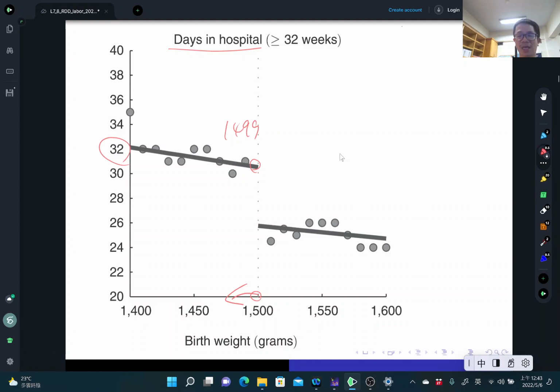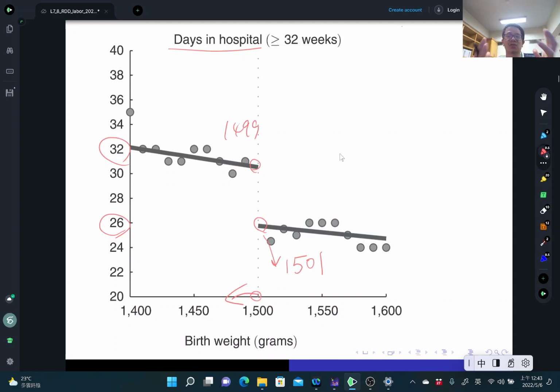And if your baby's birth weight is just above 1,500 grams, for example 1,501 grams, these additional grams actually mean they receive just 26 days. They can only stay in the hospital for 26 days.